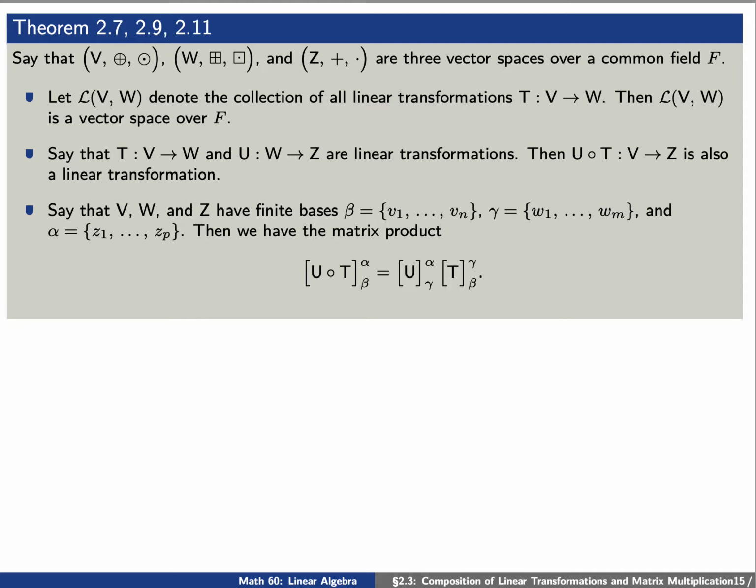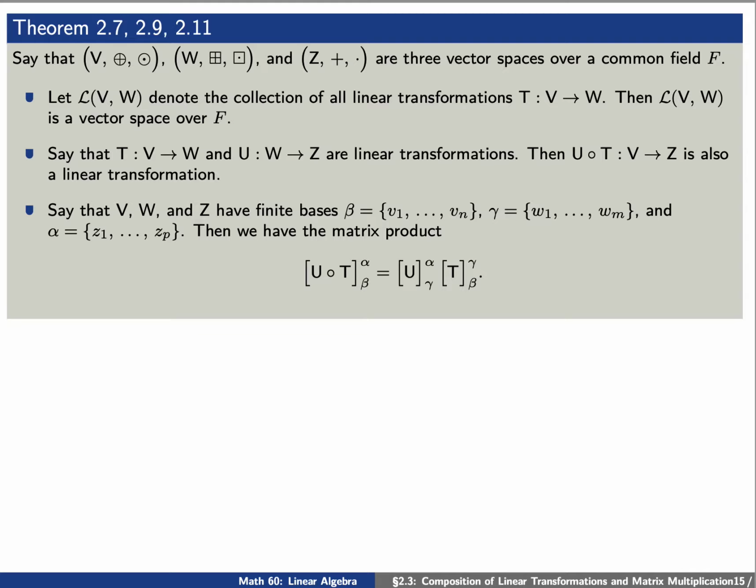Finally, let's say that V, W, and Z have bases beta, gamma, and alpha, respectively. Of course, we can consider the matrix representation of T going from beta to gamma, and the matrix representation of U going from gamma to alpha.